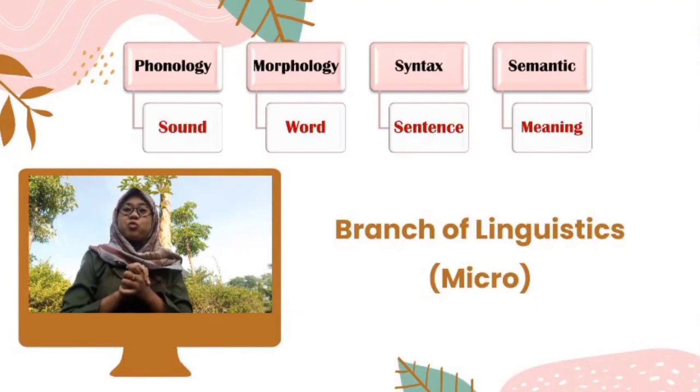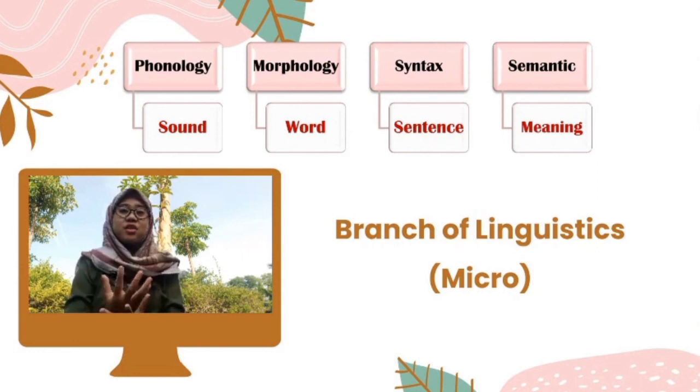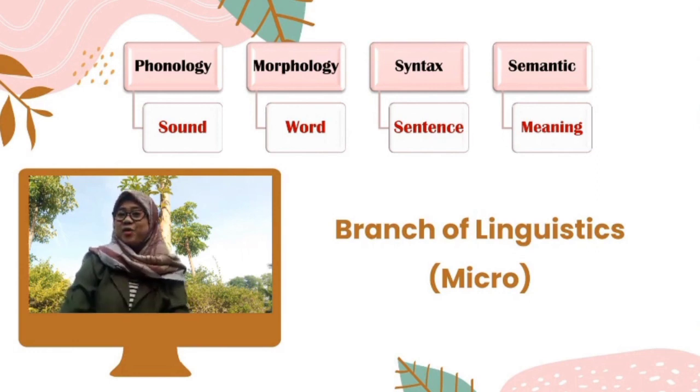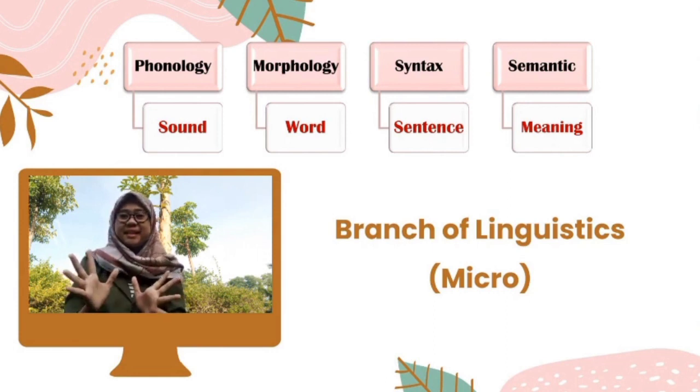In this discussion, we will discuss microlinguistics, which we already understand as the other branches of linguistics related to the structure of language, namely phonology, morphology, syntax, and semantics.